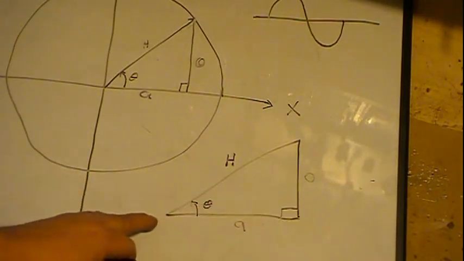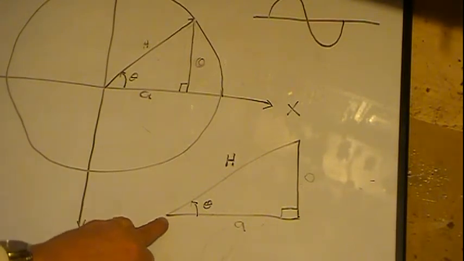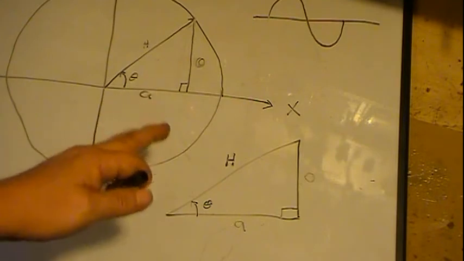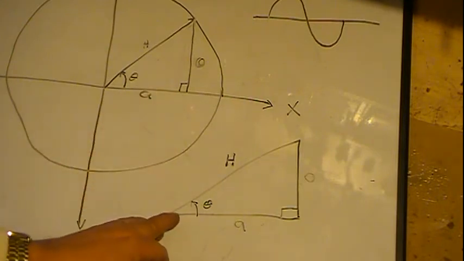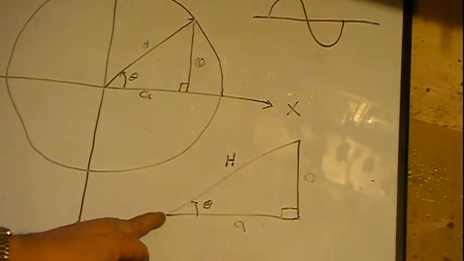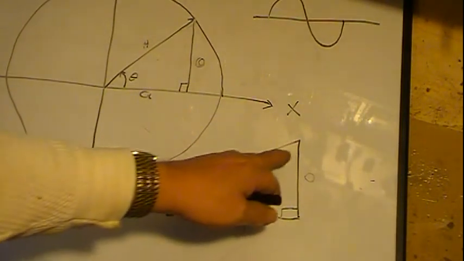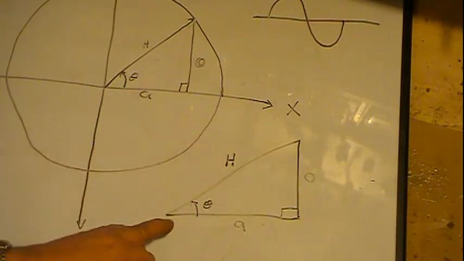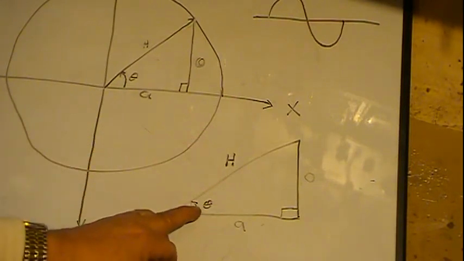So you measure your shadow, and to visualize a line going from the end of the shadow up to the top of the pole, you don't have to make an actual line, but make a drawing and get this angle.